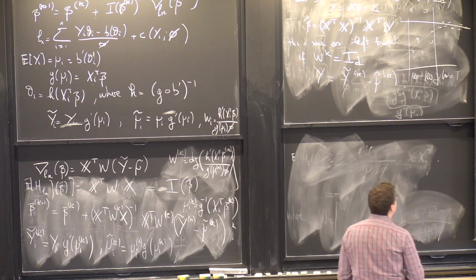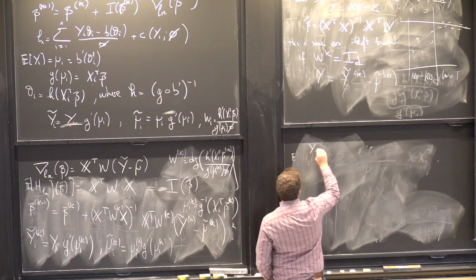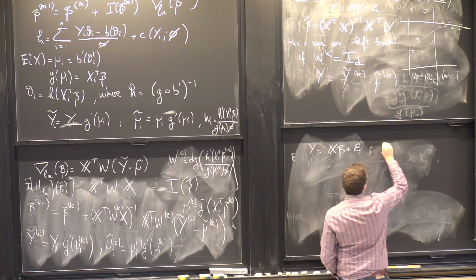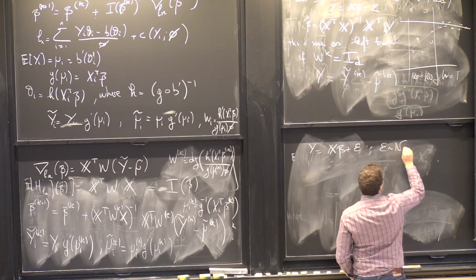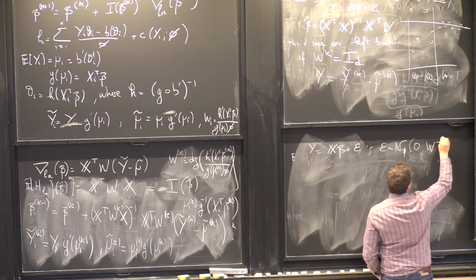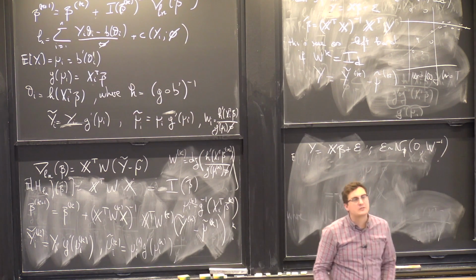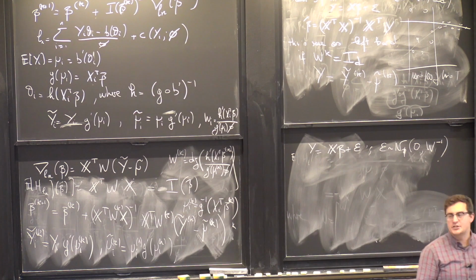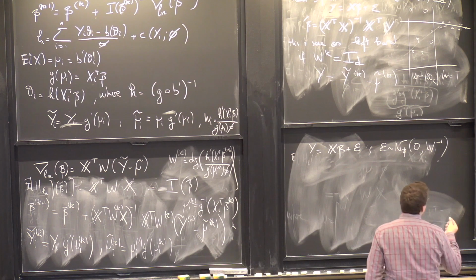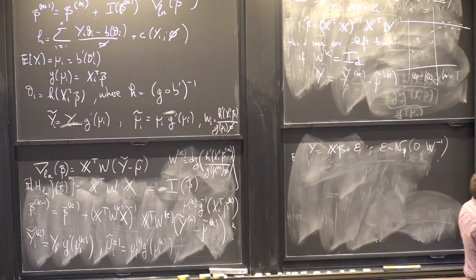So now I'm going to assume that y is x beta plus epsilon, but this time epsilon is a multivariate Gaussian in, say, p dimensions with mean 0 and covariance matrix, which I will write as W inverse because W is going to be the one that shows up. So this is the so-called heteroskedastic case. That's how it's spelled.